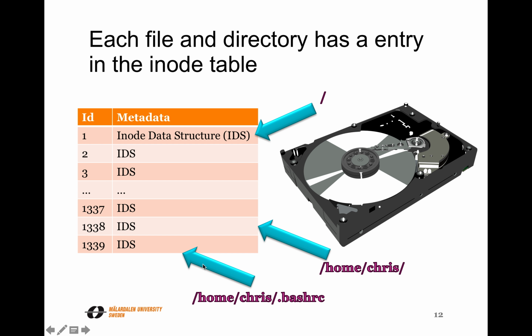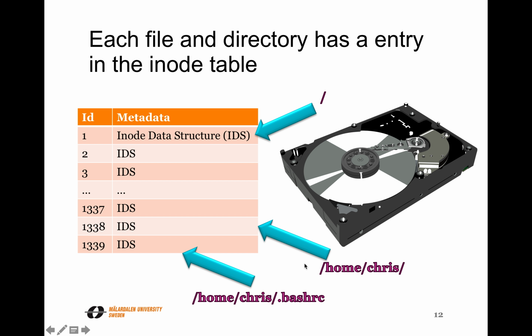And your home directory might be 1337 for example, or 2000 or something. So it dynamically associates these numbers to newly created directories and files. So in this example, we associate, so this is wrong. The root should be number 2. I'm sorry about that.